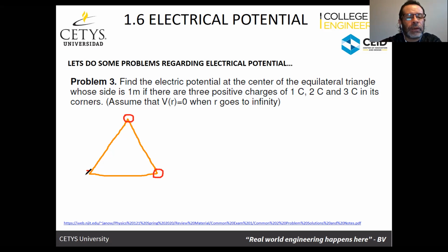This is positive, positive, and positive. Let's call them 1, 2, and 3. The distance in each of the sides is 1 meter.